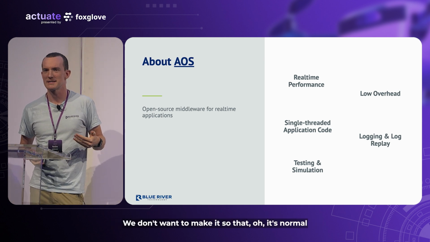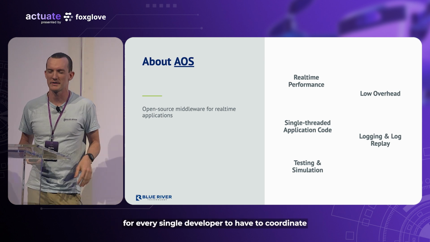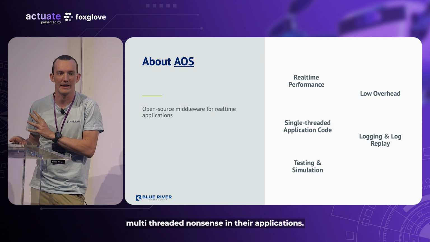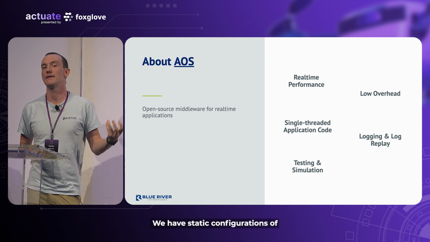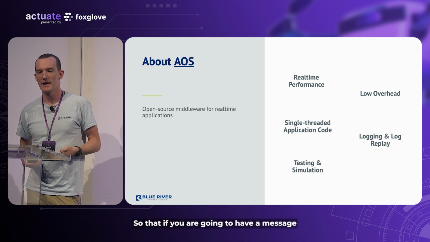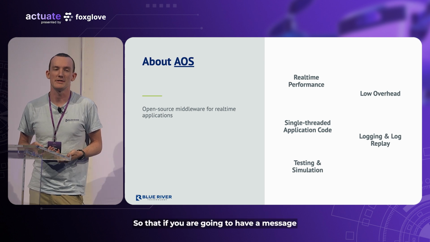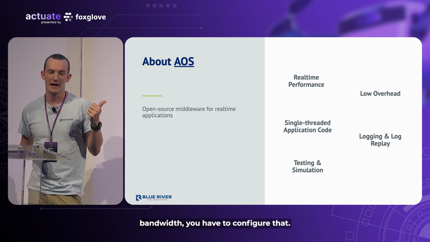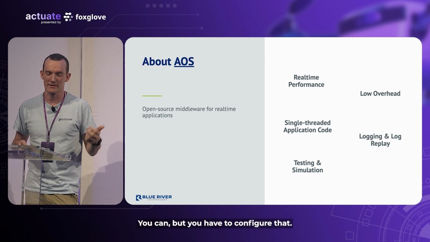We don't want to make it so that it's normal for every single developer to have to coordinate multi-threaded nonsense in their applications. We have static configurations of all our message channels or topics so that if you are going to have a message channel that is going to use a lot of network bandwidth, you have to configure that. You can, but you have to configure that.